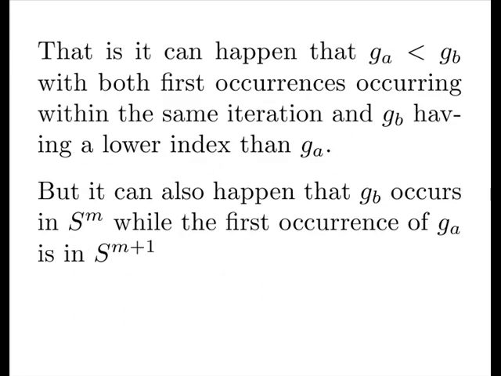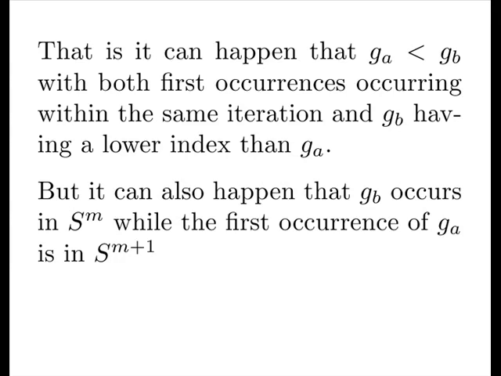That is, it can happen that for some G sub A less than G sub B, with both first occurrences occurring within the same iteration, G sub B has a lower index than G sub A. For example, in S4, gaps of 10 occurred before gaps of 8.